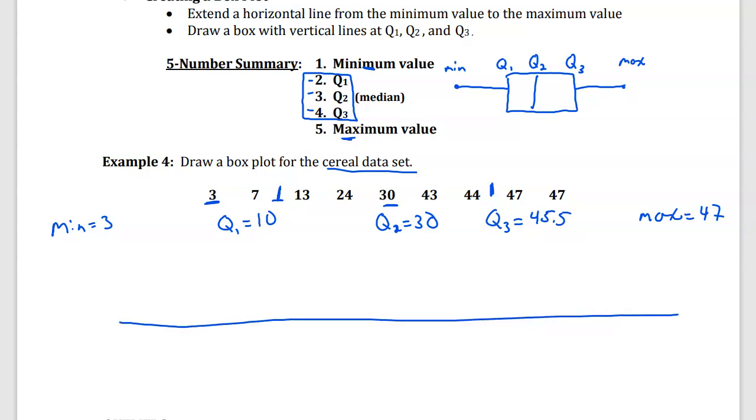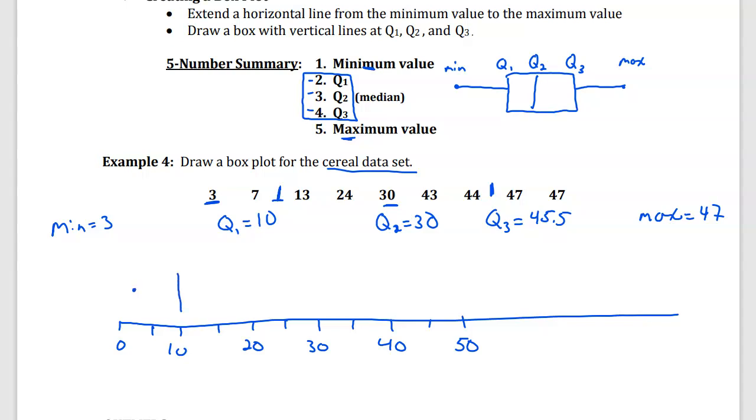So what we'll do is we'll start here at 0, 10, 20, 30, 40, 50. And then I'll come back through here and put in 5s. So again, I will put a dot where about 3 would be.